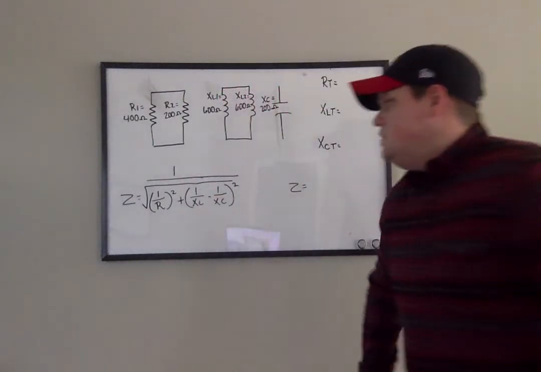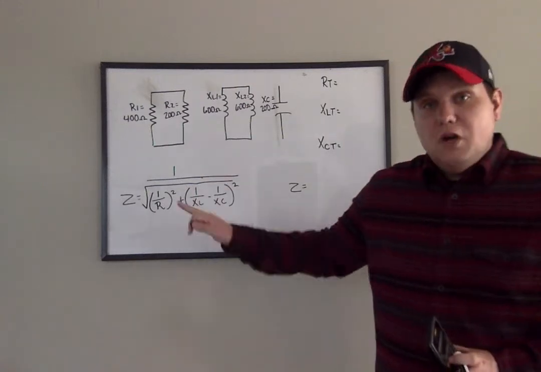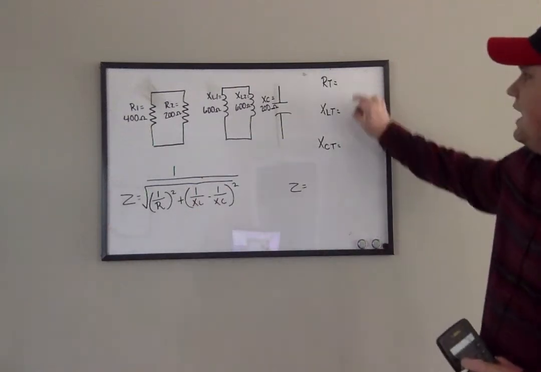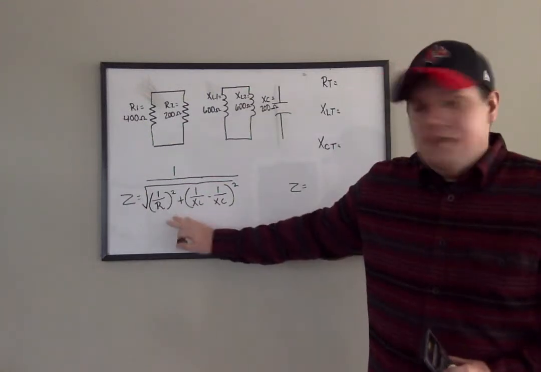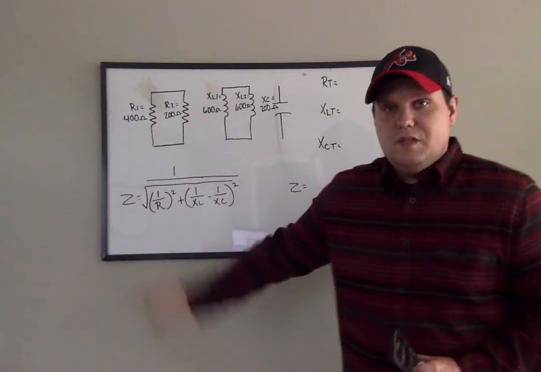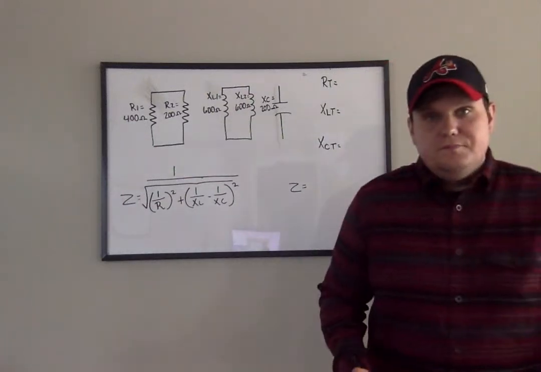Okay? So in order to do this formula, first we must find our individual totals to plug into the Z formula. Okay? So let's look at it broken down.